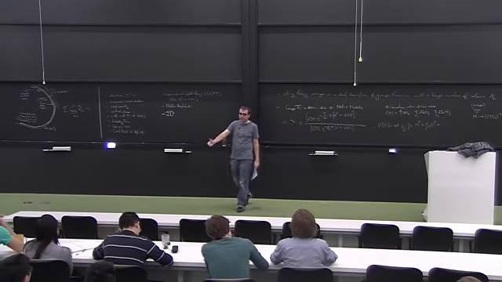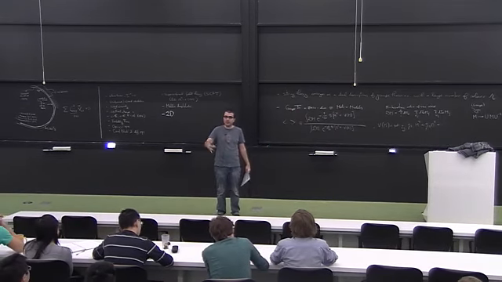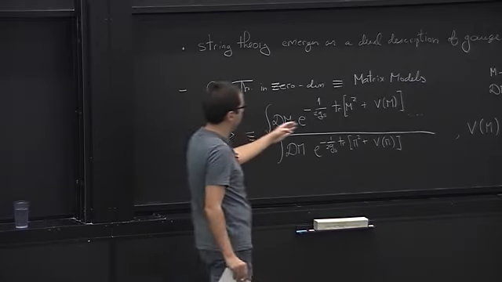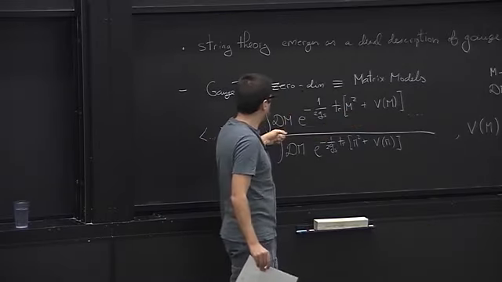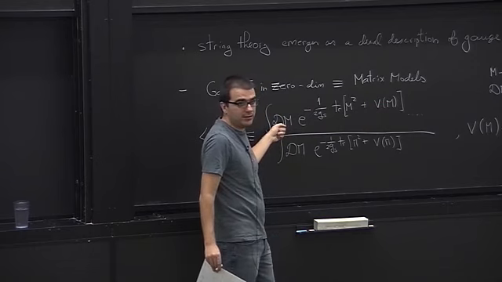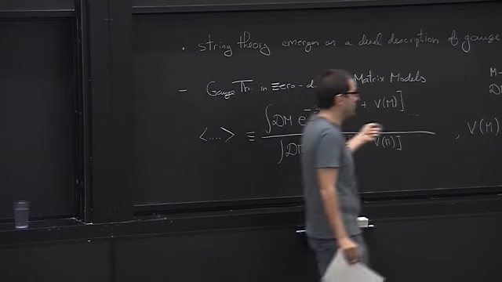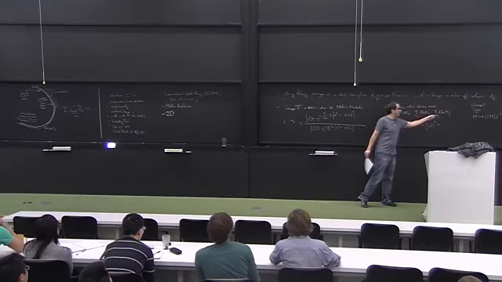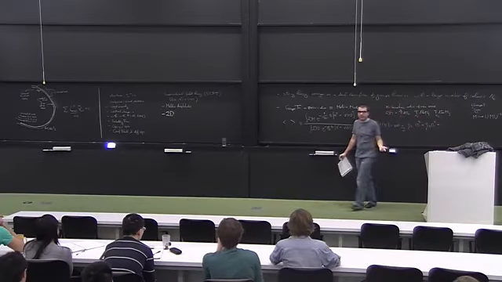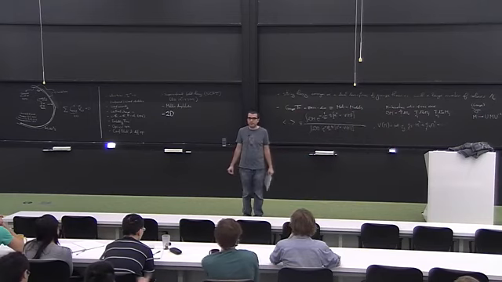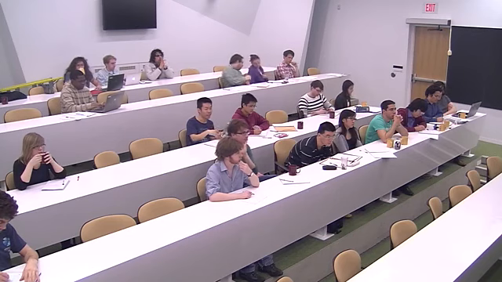I need to tell you how to compute expectation values. I give you an action, and then you do a path integral with that action. Here I'm telling you, here is the action. Compute expectation values by integrating over the matrix, except that now this integral is not something fancy like a functional integral. It is literally just an integral over these n squared variables. So, what is the physical thing?